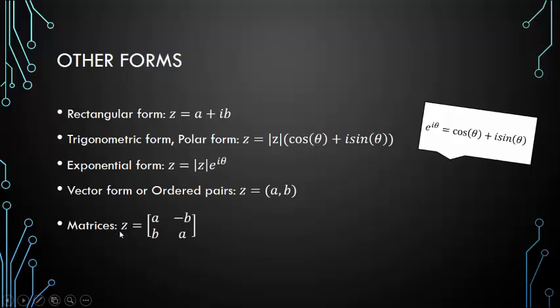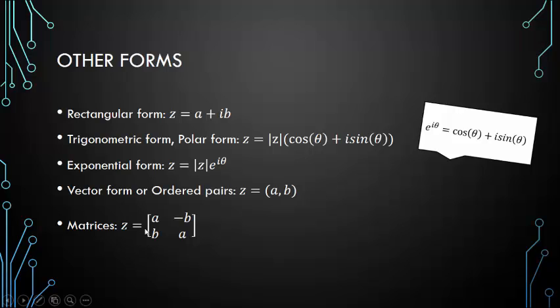You can actually represent complex numbers as matrices as well. If you're a programmer, then this would be something you might use to create a program that will draw the Mandelbrot set, so something like that. So matrices, the properties are actually the same. I'll try to stay on topic right now, but you can see this in maybe a linear algebra class, or if you go to program and do something with complex numbers.